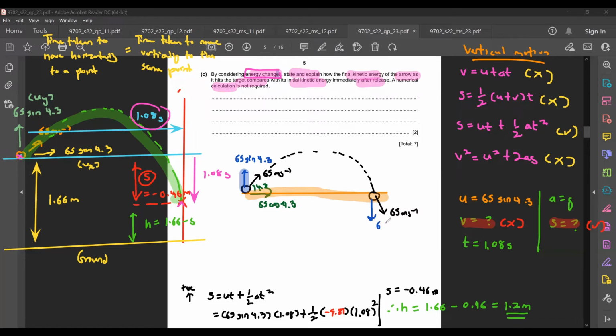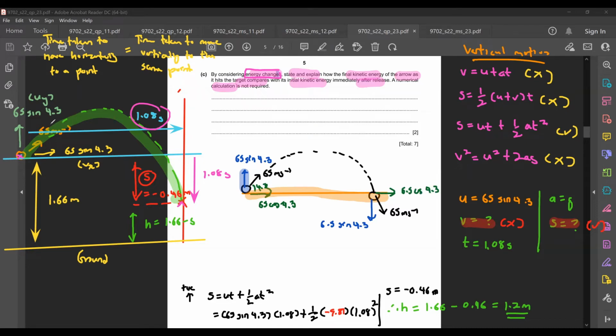Let me just draw it here. This one will be 65 sin 4.3, and this one would be 65 cos 4.3.